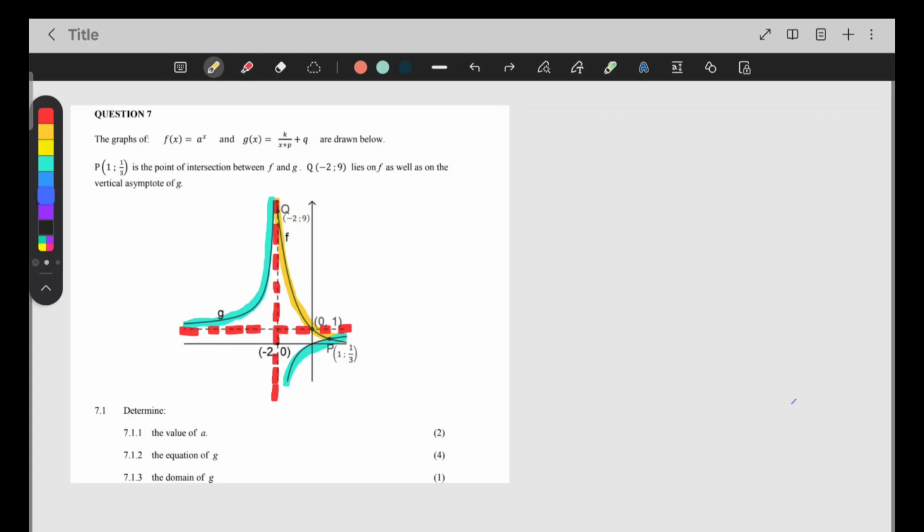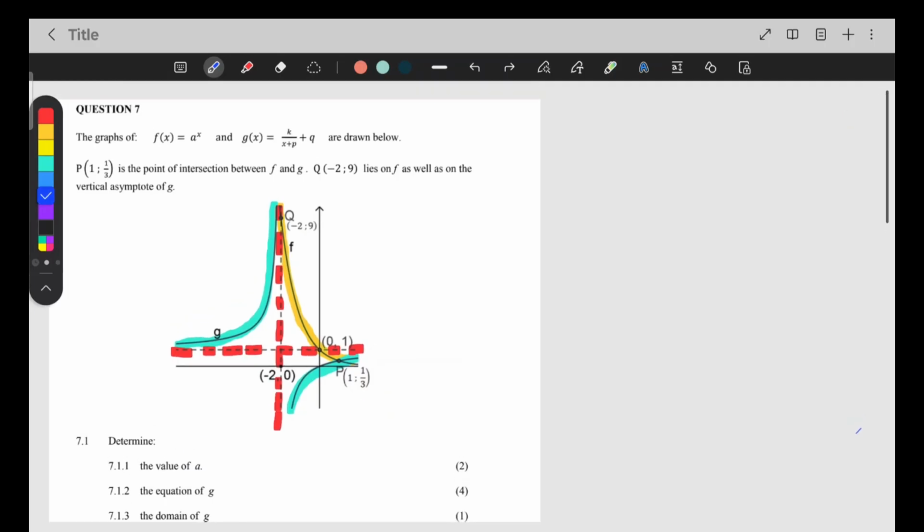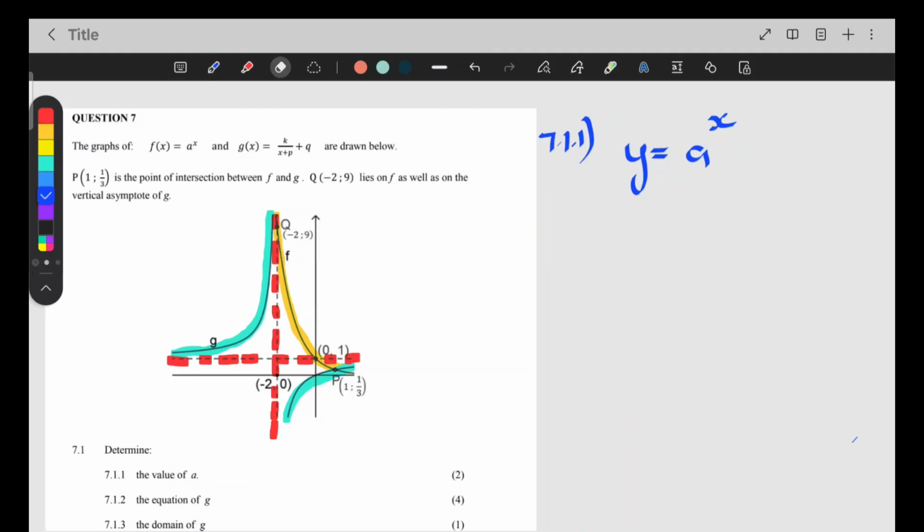7.1.1 says, determine the value of a. So there's a. So let's write that down, 7.1.1. So we write our function down. That's the exponential graph. So to get this a, we have to sub in a point on the exponential graph. Okay, so there are 2 points we can substitute.